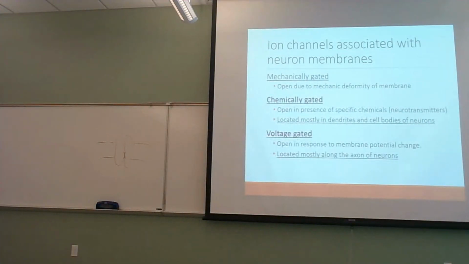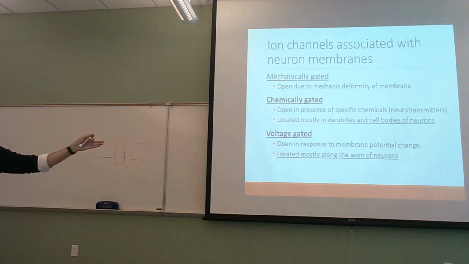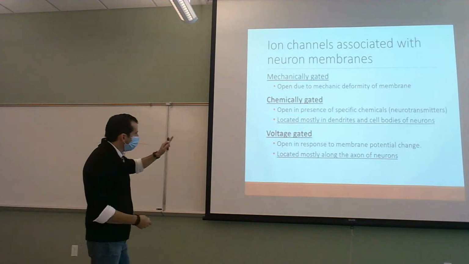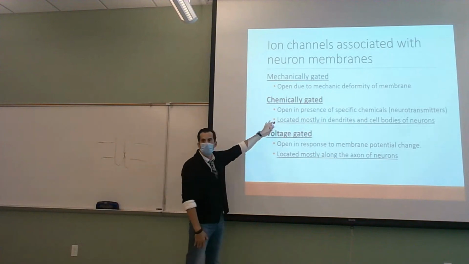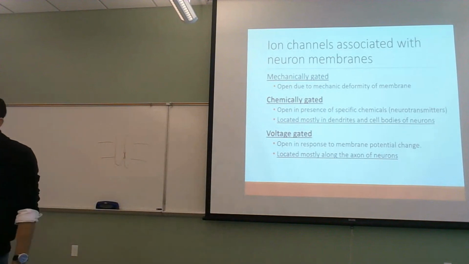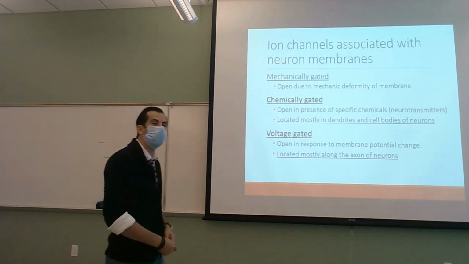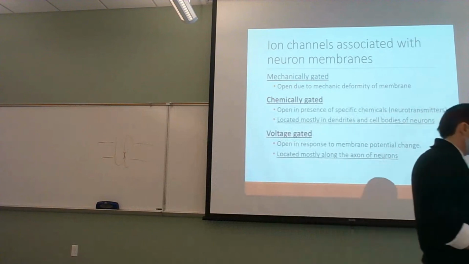Any number of chemicals can open up or close or block, for that matter, certain channels. But the one we'll be talking about functionally, in a real life scenario, is going to be the neurotransmitter. Hormones will open up channels in cells in the same way. We will only see chemically gated channels in the input parts of the cell. Dendrites, cell bodies. We only see chemically gated channels exist in the dendrites and the cell bodies.